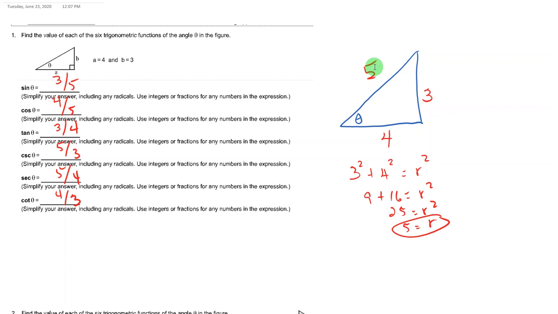Once you have that, sine of theta is opposite over hypotenuse, 3 over 5. Cosine is adjacent over hypotenuse, 4/5. Tan, opposite over adjacent. Once you have these 3, then you just flip them. Sine, you flip to make cosecant. Cosine, you flip to get secant. And tan, you flip to get cotan. So that one's pretty easy.